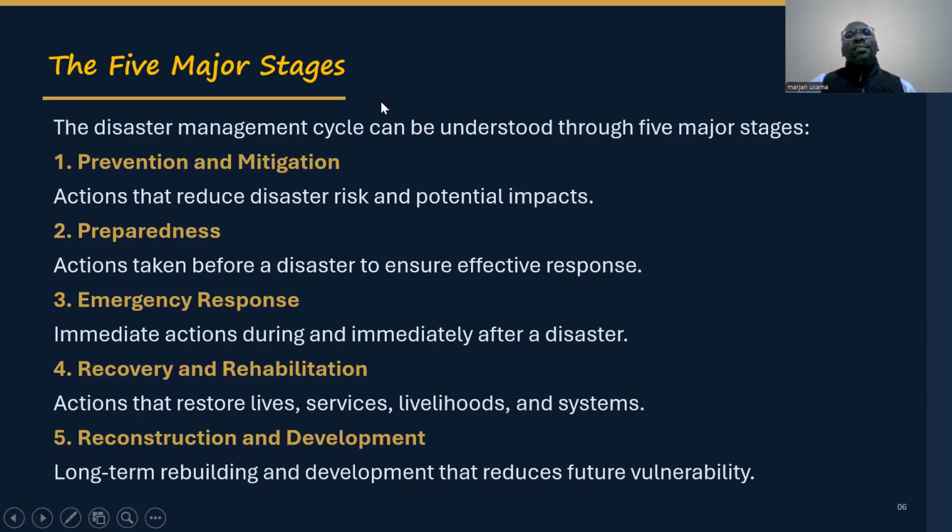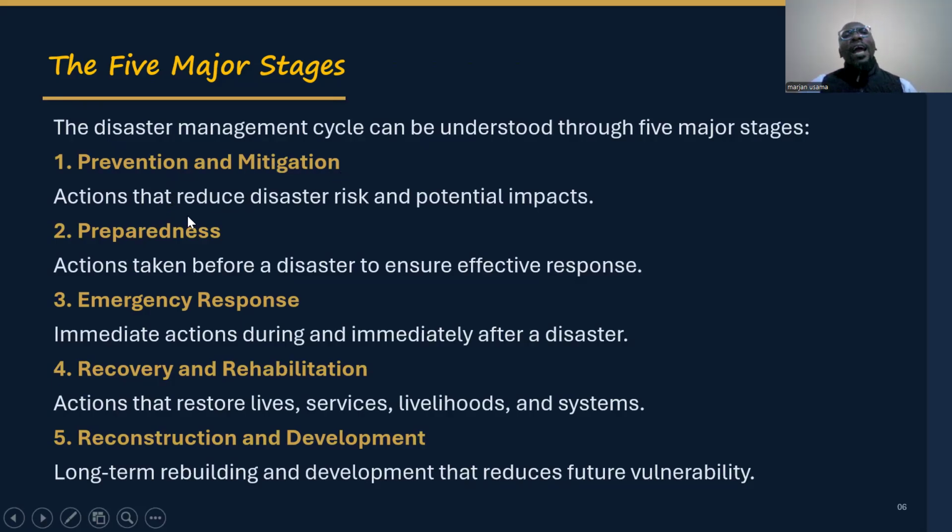Now, what are the 5 main stages? Because we are talking of the disaster management as a cycle. So this cycle, it involves what? The disaster management cycle can be understood through 5 major stages. So number 1 is prevention and mitigation. And we shall see later in detail what is the meaning of this. What is the meaning of prevention and mitigation?